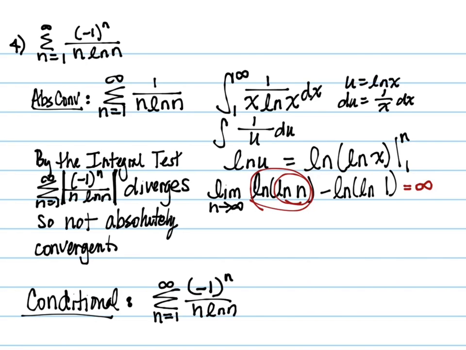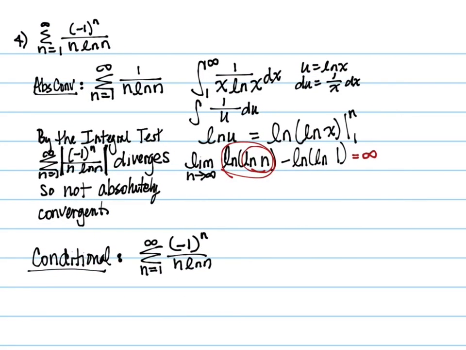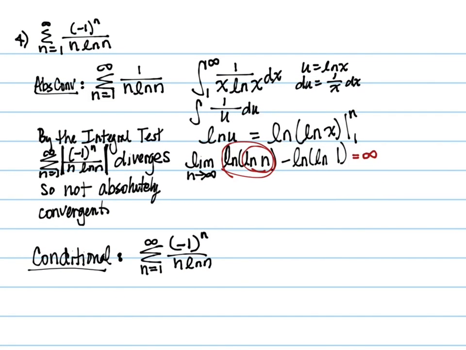And by the alternating series test, if the limit of the sequence goes to 0, the sequence part itself, not the whole thing, then this is going to converge. So that's the part that we're going to look at next. Let me make this a little bit smaller. Okay, so I really need to test using the alternating series test.